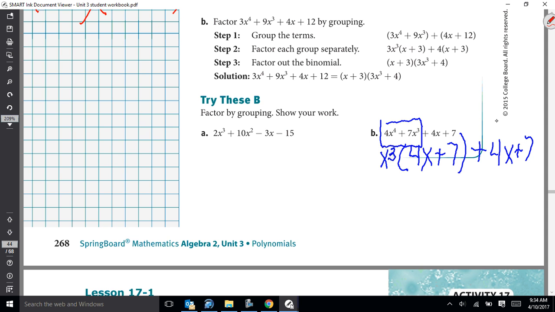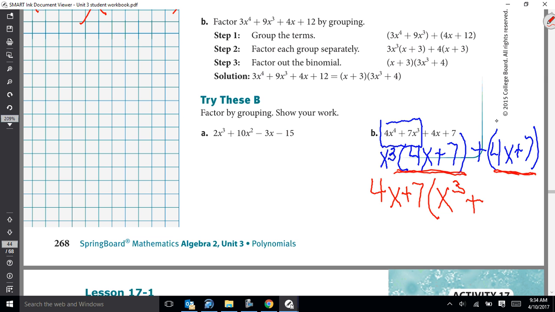Looking at that in parentheses, this first term and the second term, what do they have in common? 4x plus 7. So when we take out that 4x plus 7 from our first term, what's left? x cubed.